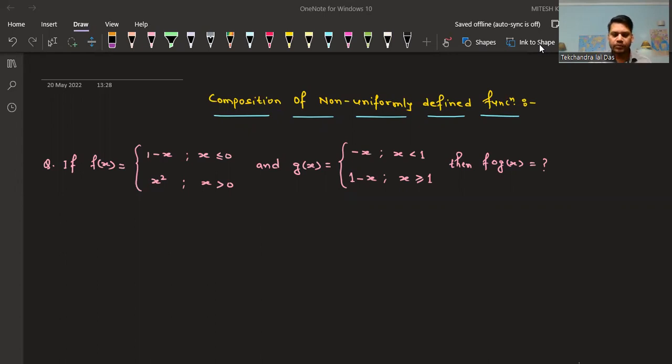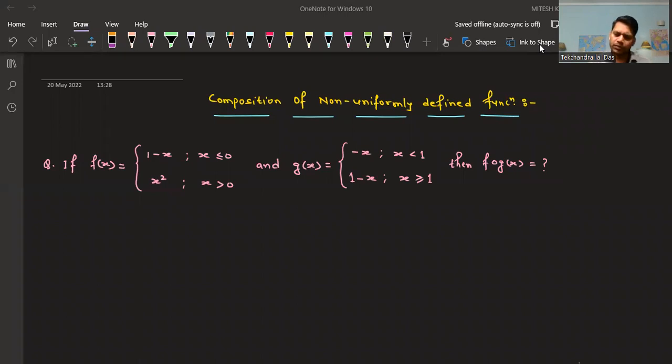So we have two methods here. One is the graphical method, one is the analytical method. The graphical method is somewhat simple. If you know how to draw the graph of any piecewise defined function, then you can easily solve using the graphical method.